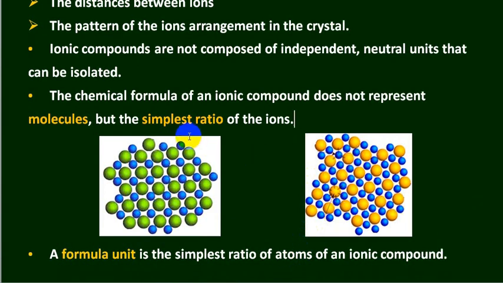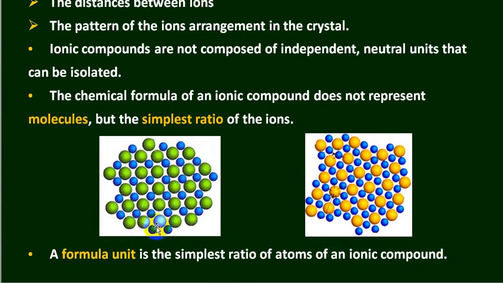So this is called the simplest ratio, or formula unit. Formula unit is the simplest ratio of atoms of an ionic compound. Means what? For example, sodium chloride. This represents sodium chloride.